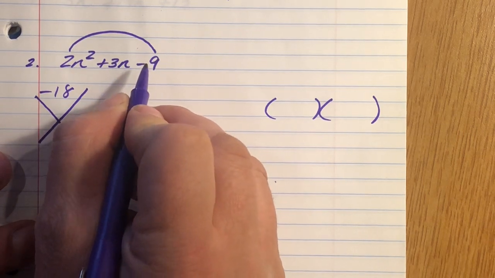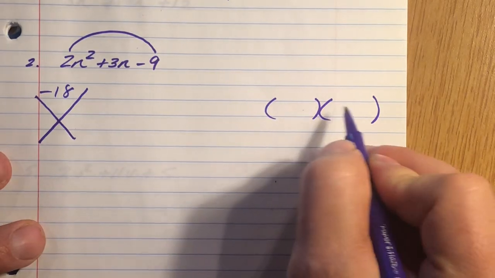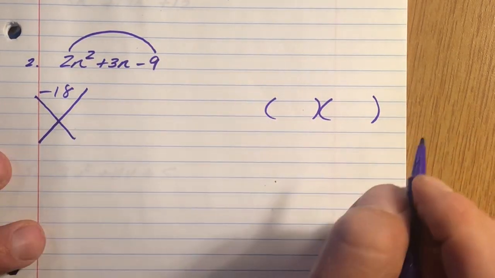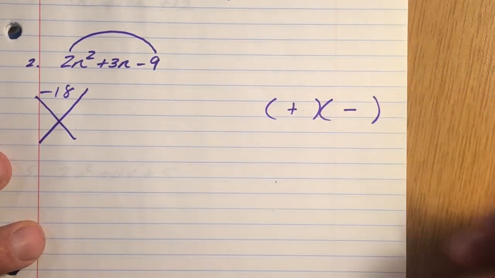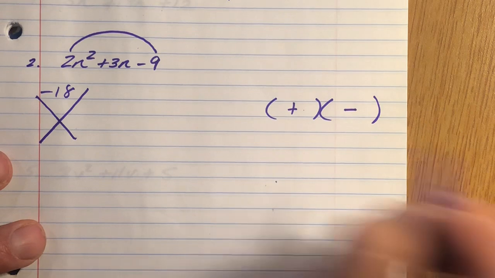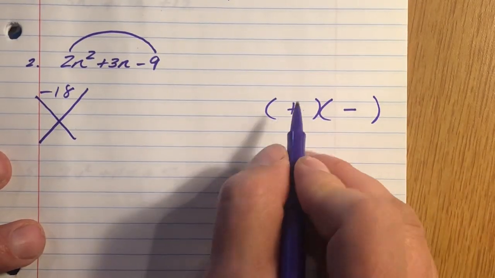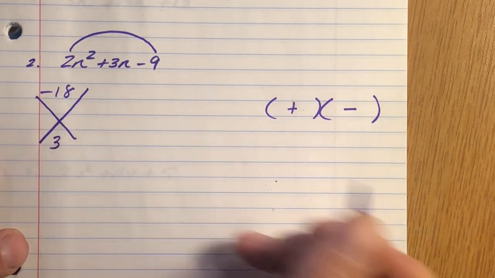The only way to get a negative 9, if you guys remember FOIL, L means last times last. That's how I get that term. So the only way to get a negative is to have a positive and a negative. Now I don't know what the terms are in here, but I know my signs are going to be opposite, okay? And then down here goes B.